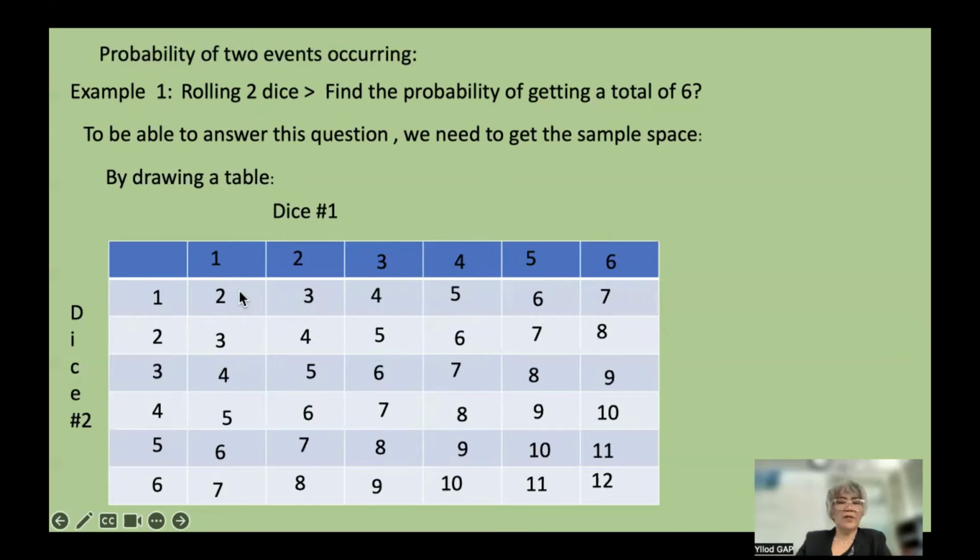All right, so now that we have represented the sample space in a table, it's easy now to answer the question, probability of getting a total of 6. So we go back to the sample space and find out how many totals of 6 are there, okay? So that's 1, 2, 3, 4, 5. So there are 5 possible outcomes over 36.